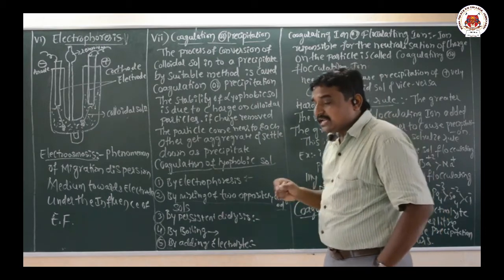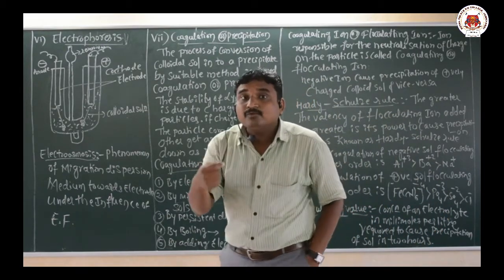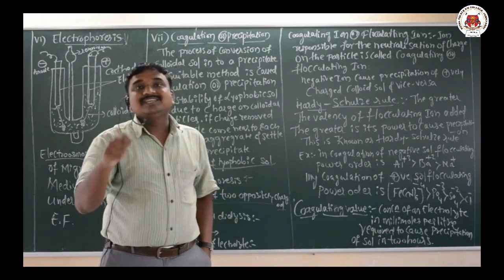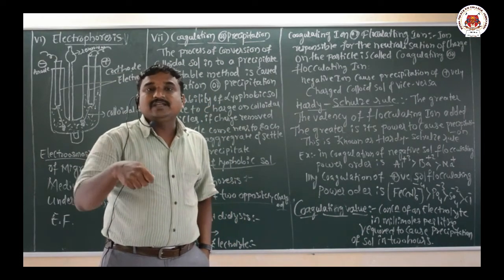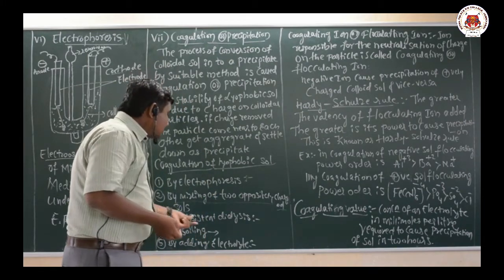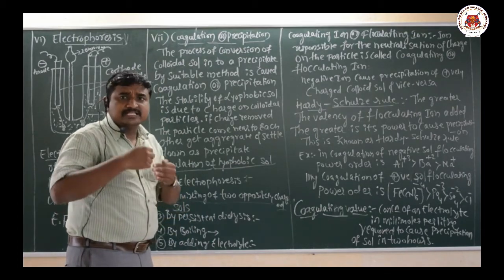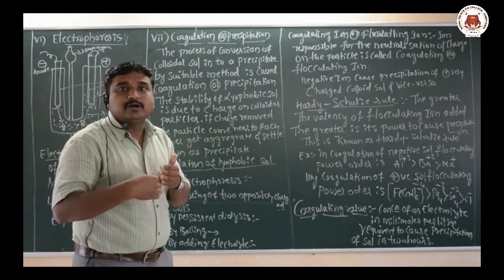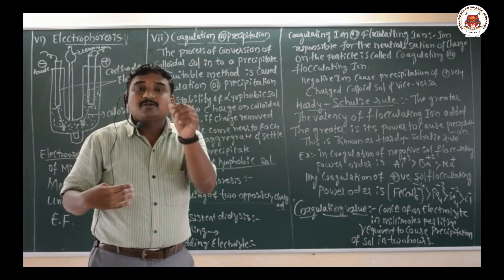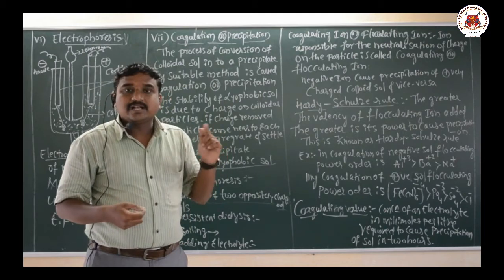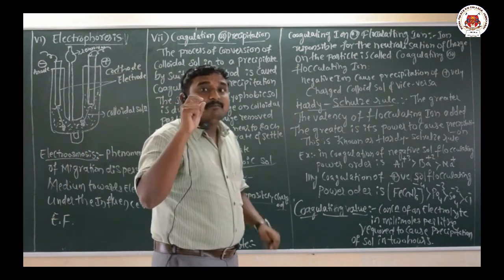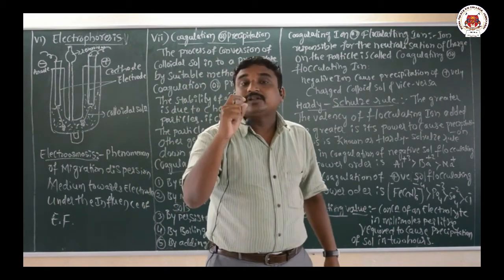Already we know that the process of removal of dissolved substances from a colloidal solution is called dialysis. We know about this concept from the previous video. Now, by persistent dialysis, there is a continuous process, and when we apply continuous dialysis, the traces of electrolyte are also removed. We know that a colloidal solution requires a minimum amount of electrolyte for its stability.